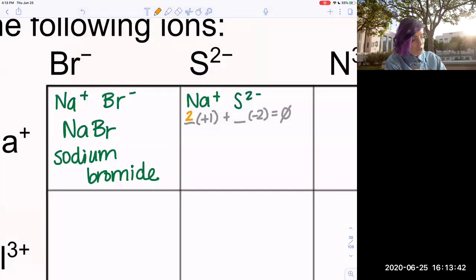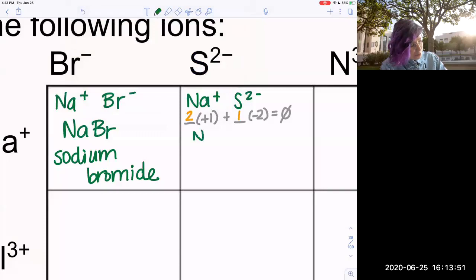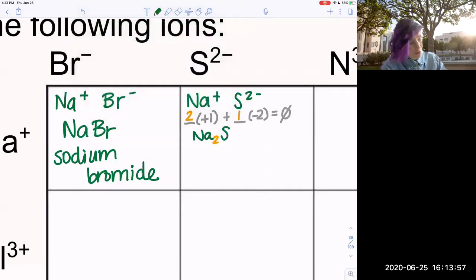I need 2, right? I need 2 positive ones to cancel out a negative 2. So knowing that, when I make my formula, I will have 2 sodiums and 1 sulfide, so Na2S. And so the name is sodium sulfide.